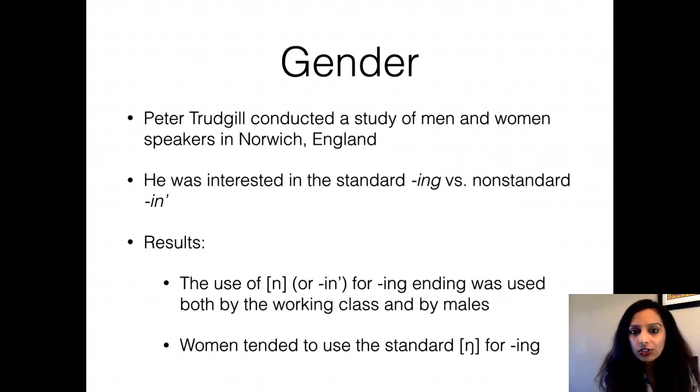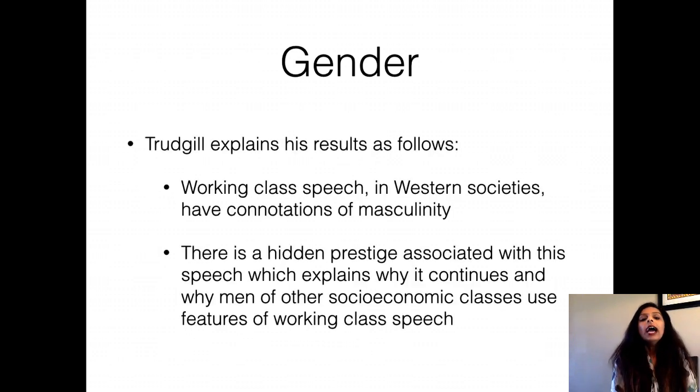The person who studied gender the most is Peter Trudgill, in England. He studied the ending -ing. The standard form is -ing, but you can also reduce and contract it and say -in' without the g. He found that the -in' ending was used both by the working class and by males, whereas women tended to use more of the standard form, -ing.